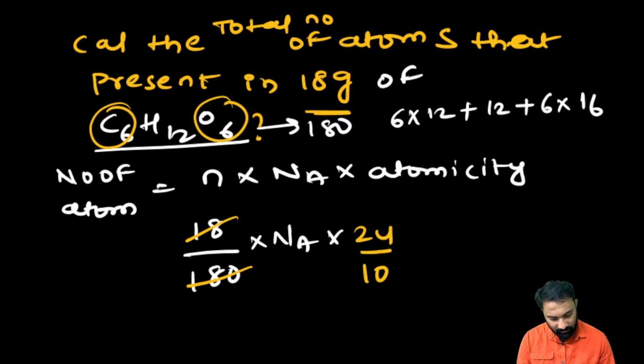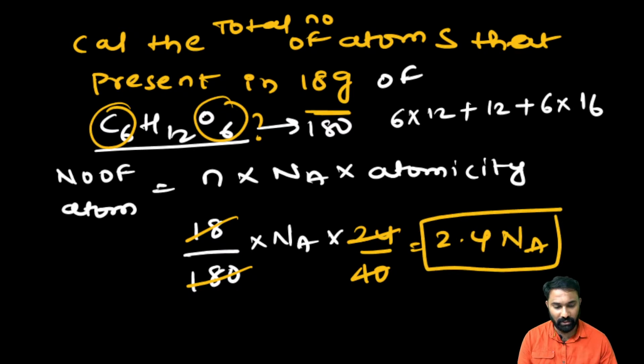So 24 by 10 will give you 2.4. The answer is 2.4 Na. That's it. Simple. Now, next question.